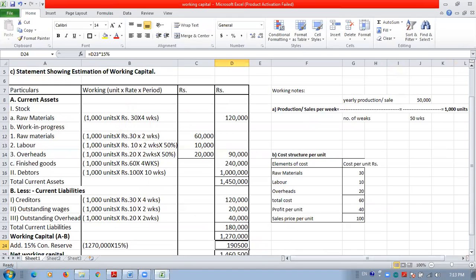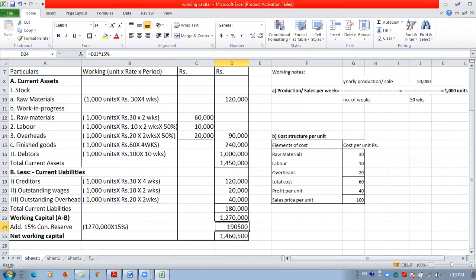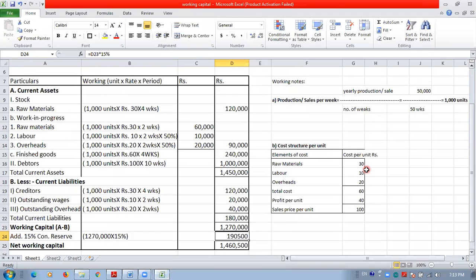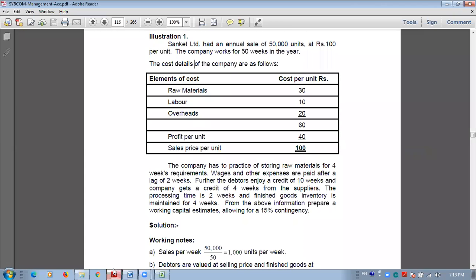So here we have completed our working capital problem, right? You can take a screenshot of this, and also take a screenshot of this thing also.